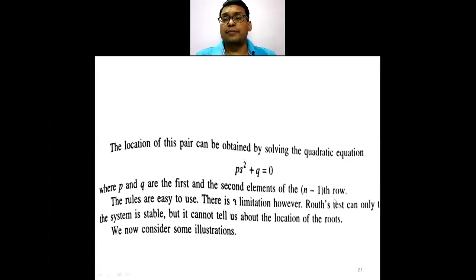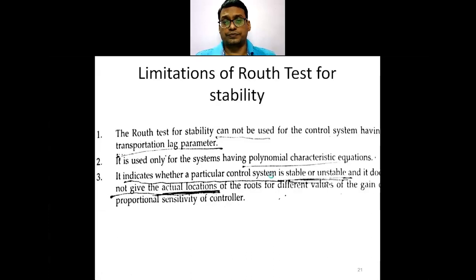We calculate up to the n plus 1th row, where n is the power of s. Equate this to 0, and that gives you the roots.